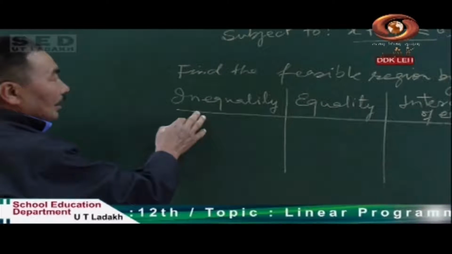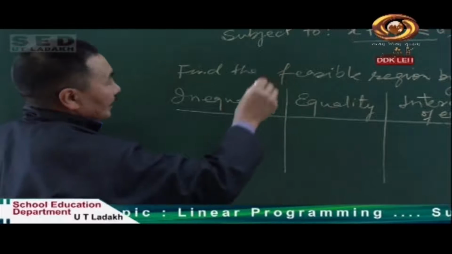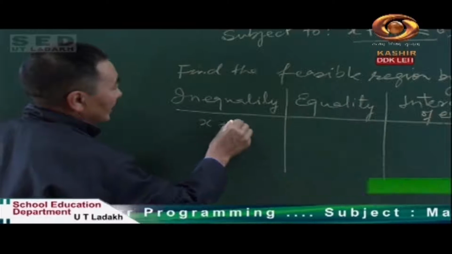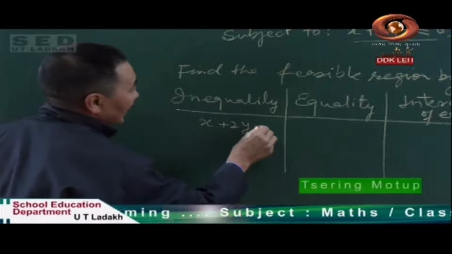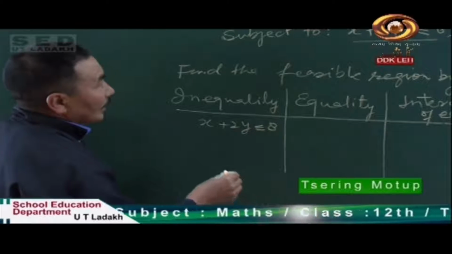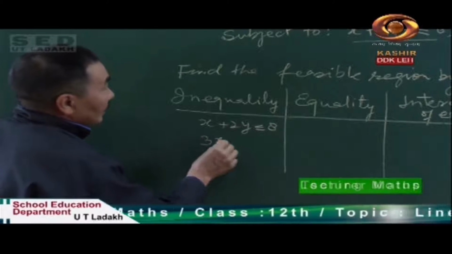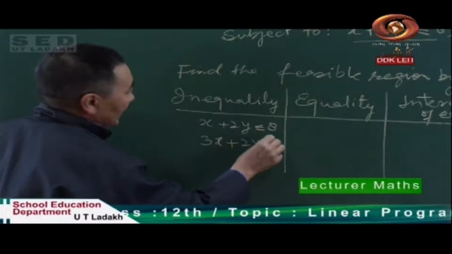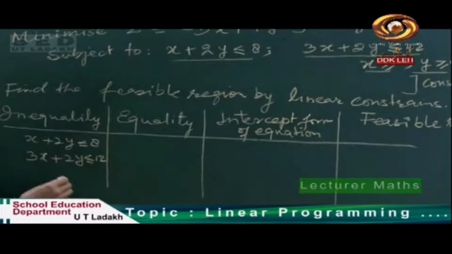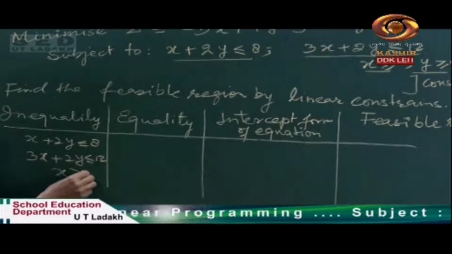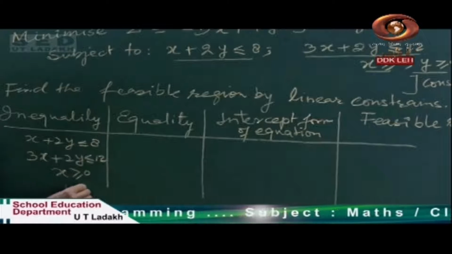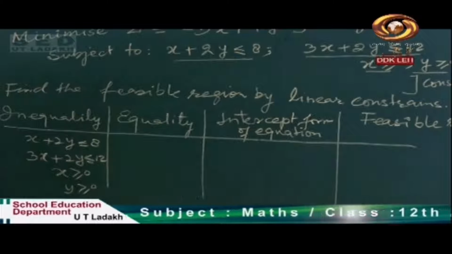So we have to write down here the inequalities: x plus 2y is less than or equal to 8, 3x plus 2y is less than or equal to 12, x is greater than or equal to 0, y is greater than or equal to 0.